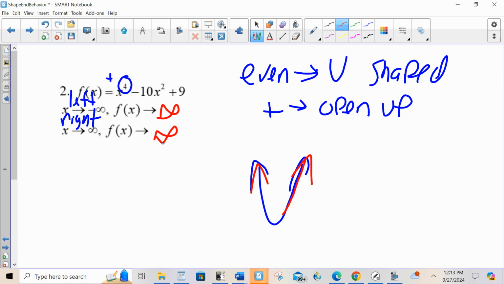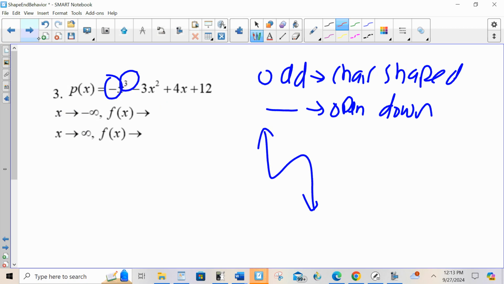U-shape will always be the same, whether it's both positive infinity or both negative infinity. Number 3, as x approaches negative infinity, that means as I look to the left, the graph is going up. That's positive infinity. As I look to the right, that's x approaches positive infinity, the graph is pointing down.